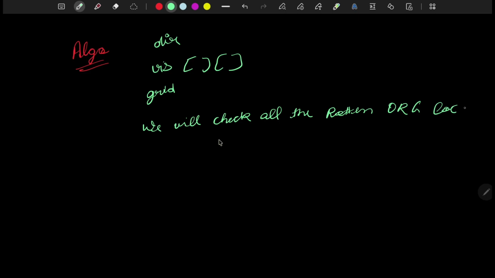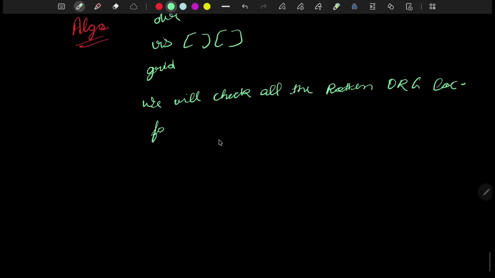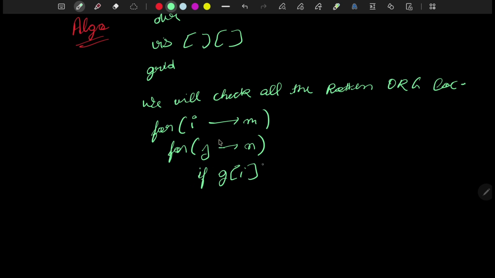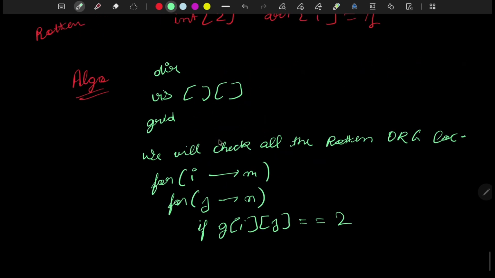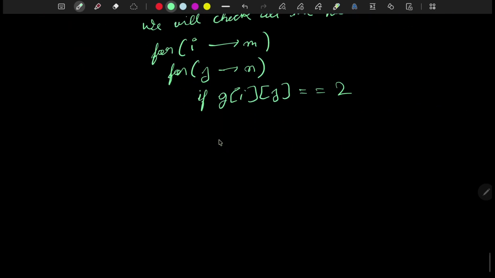To check that, we will run our for loop from i equals 0 to n, then a nested for loop for j to n, and if our grid of I comma j is equal to 2, we will make a queue data structure of pair of integers, and we will add this I comma j in that queue, queue dot add I comma j.